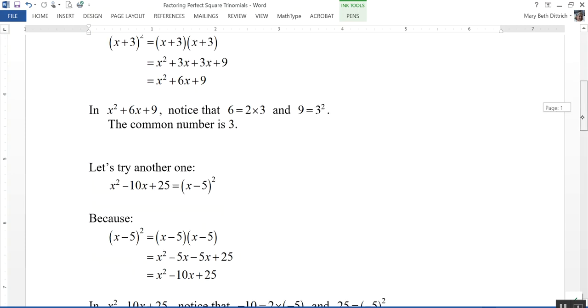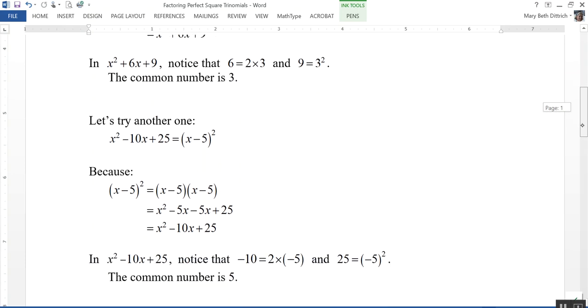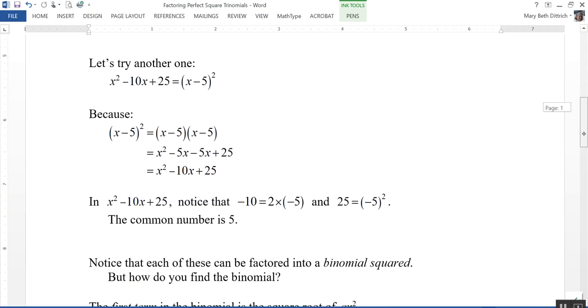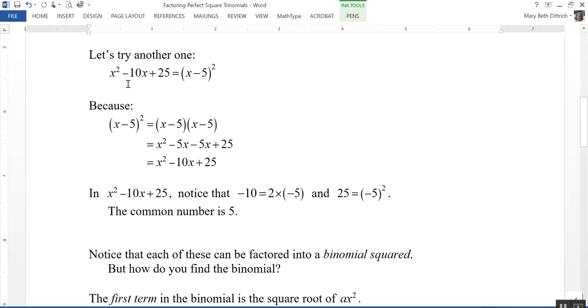Here we have x squared minus 10x plus 25. Notice that I have a minus in the middle there. My b term is negative, and that's equal to the quantity x minus 5 squared. Because if I were to multiply x minus 5 times x minus 5, I do indeed get x squared minus 10x plus 25.